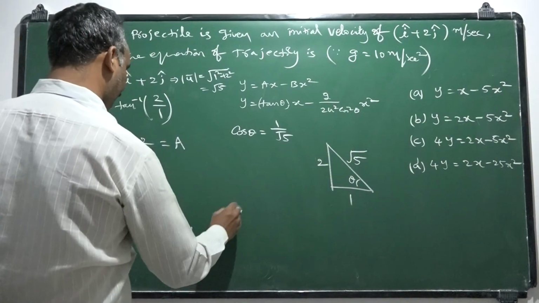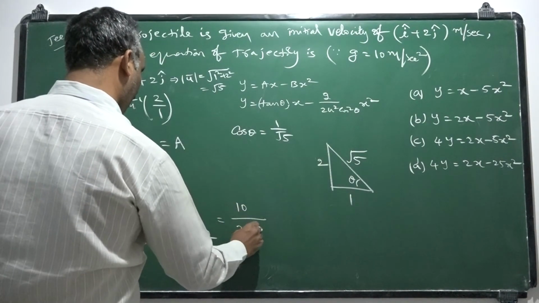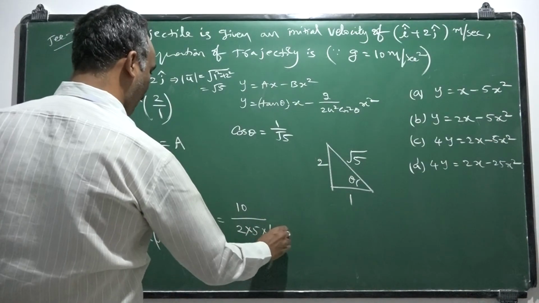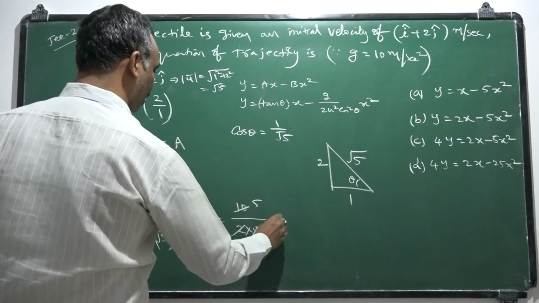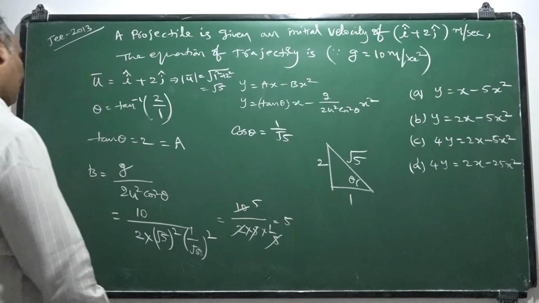So 10 by 2 into 5 into 1 by 5. This will go for 5 times. So 5 is the answer here.